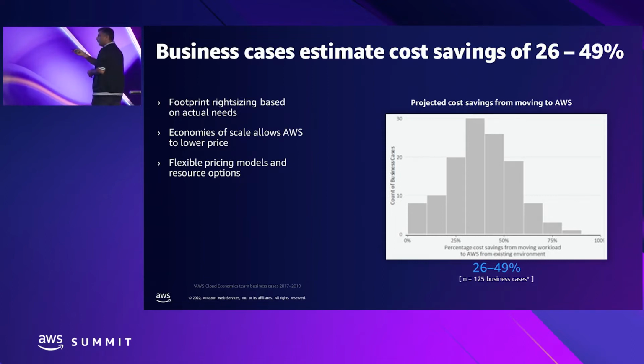And I think another important mechanism here is the flexible pricing model. AWS offers the customer a pricing model where they can trade the fixed expenses of running their on-premise data center for the variable expense that they will incur on the AWS Cloud.